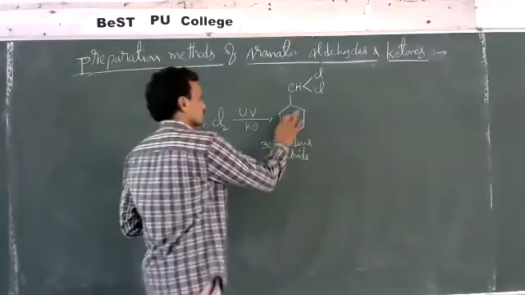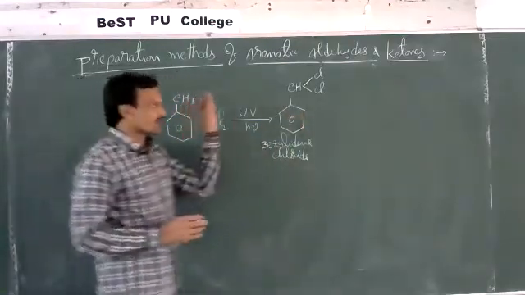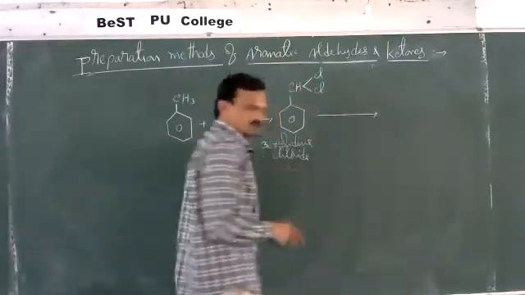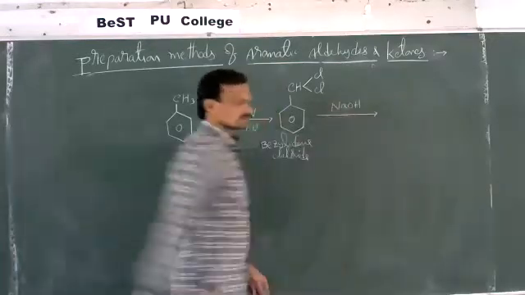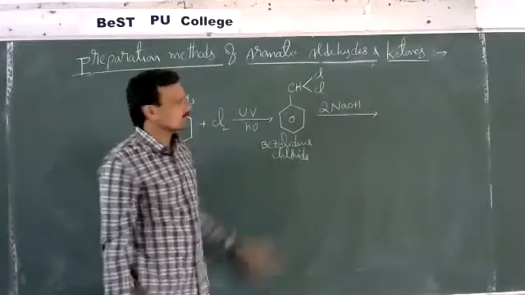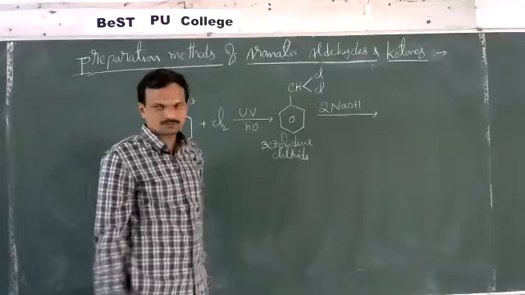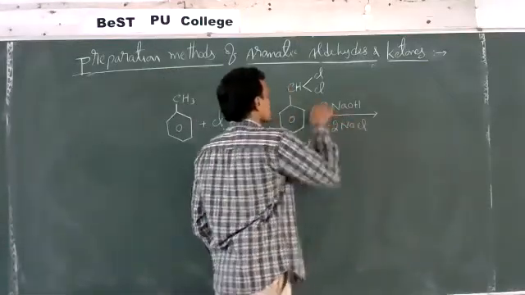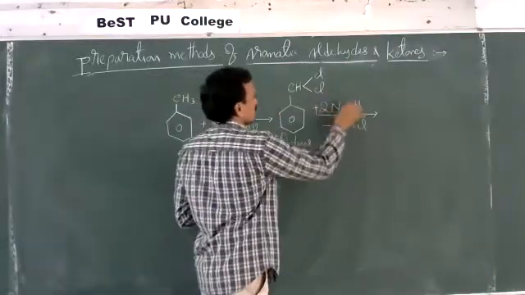Now, this is side chain halogenation, and this geminal dihalide on hydrolysis with aqueous NaOH reacts with 2 moles of aqueous NaOH, and 2 Cl minus are replaced by 2 OH groups with elimination of 2 NaCl.